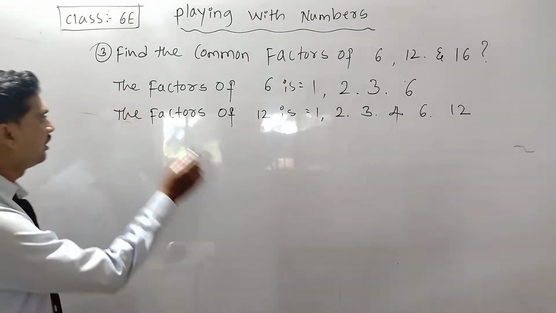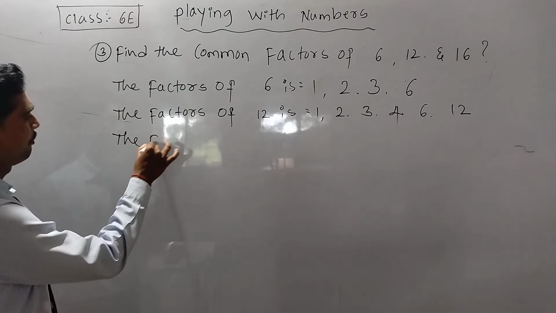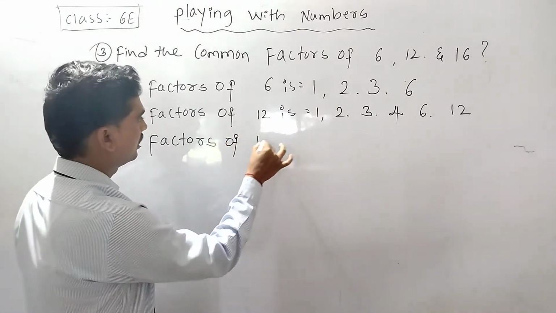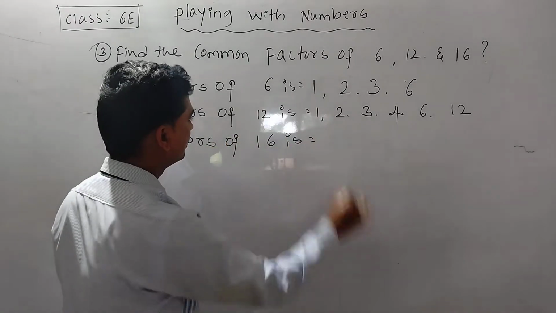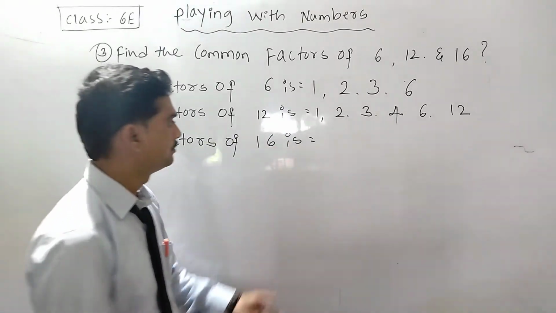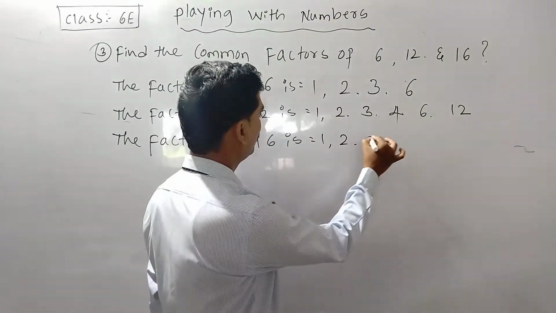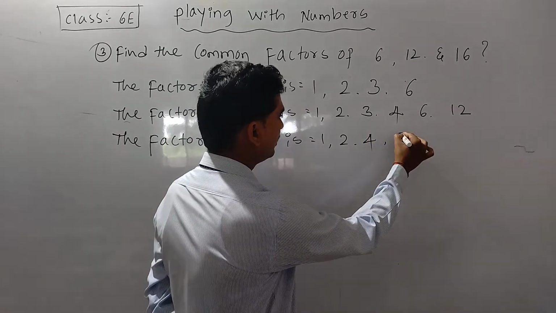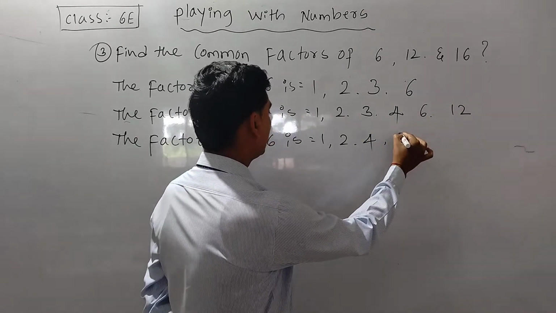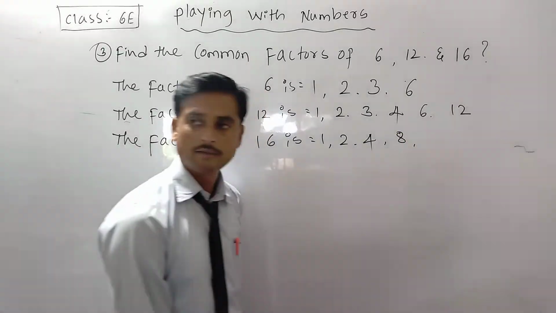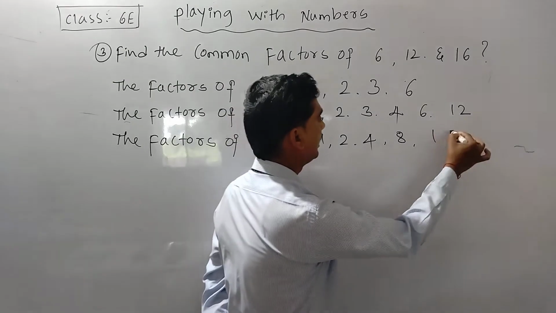And the factors of 16 are 1, 2, and 3 not, 4, 5 not, 6 not, 7, 8, again 16.